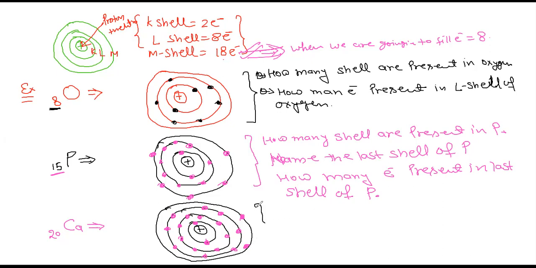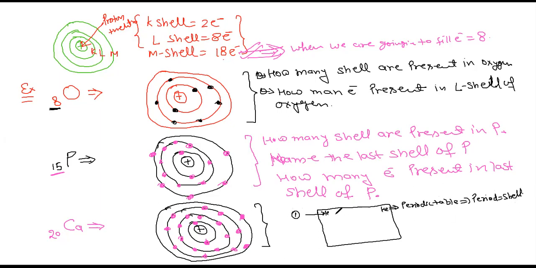For that, go to the periodic table. In the periodic table, this is period number 1, containing hydrogen and helium only. Period means cell. The first period is a horizontal line.